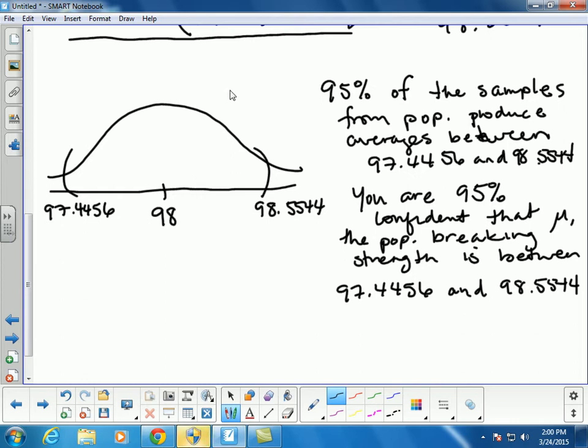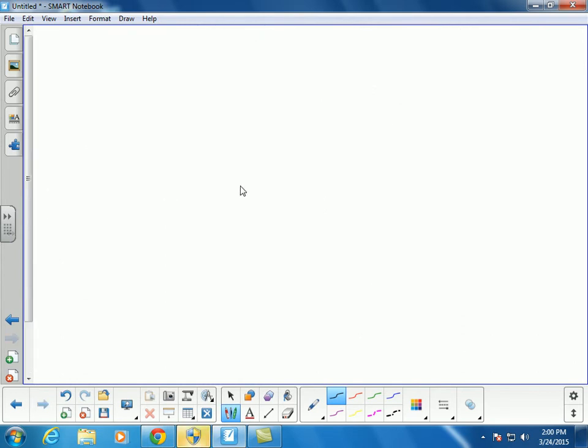It's that semiconductor example that I worked on before to talk about p-hat. Okay, so here's the example. A semiconductor.